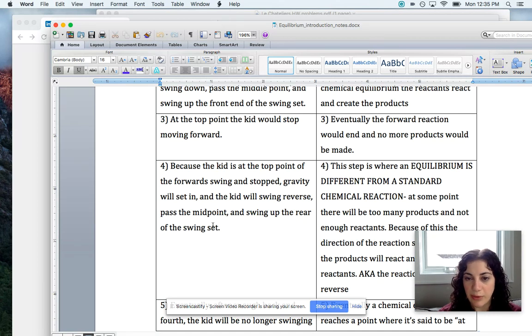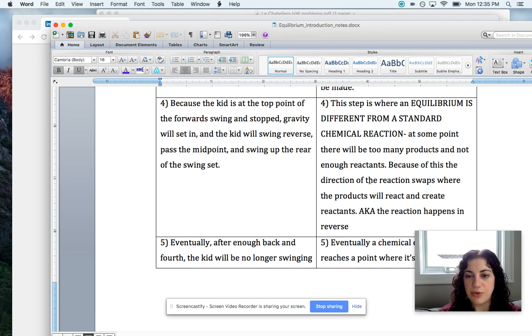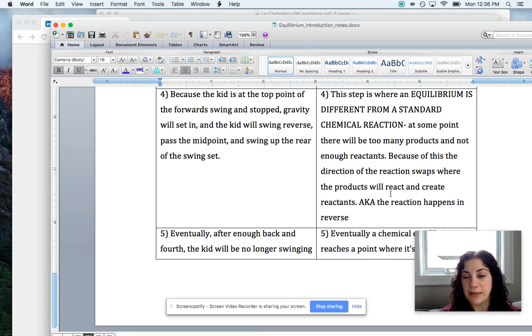So he'll go backwards, right? Okay, so this step's where an equilibrium is different from a standard chemical reaction. At some point, there will be too many products and not enough reactants. Because of this, the direction of the reaction swaps, where the products will react and create reactants. So the reaction now goes in reverse, it'll go the opposite way.